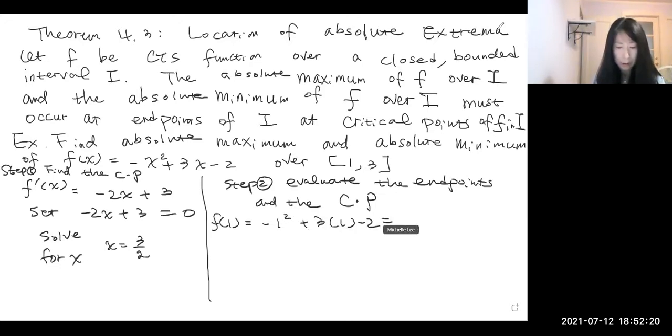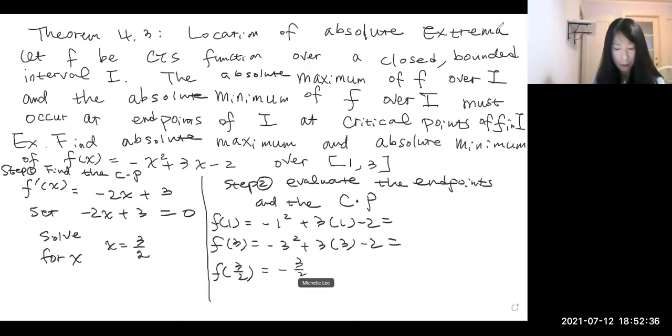What do you get? f of 3 equal to negative 3 squared plus 3 times 3 minus 2. What do you get? f of 3/2 equal to negative 3/2 squared plus 3 times 3/2 minus 2. What do you get?